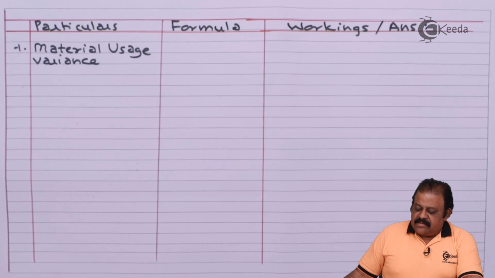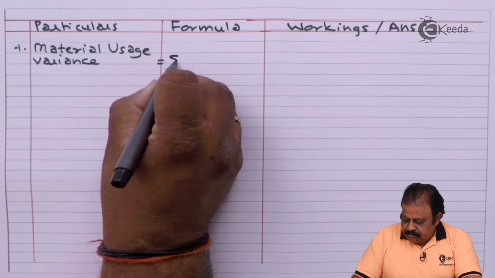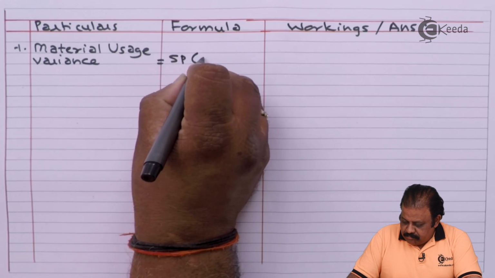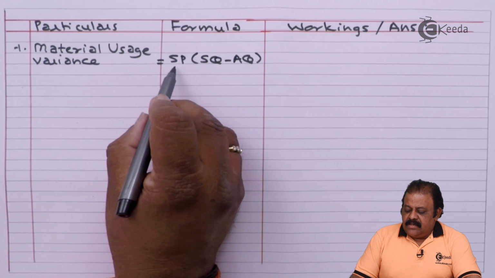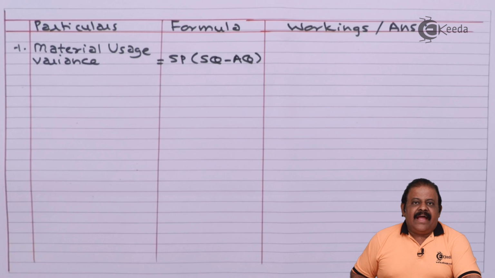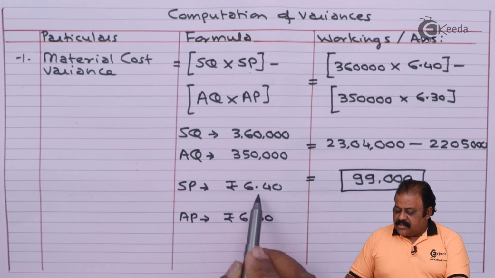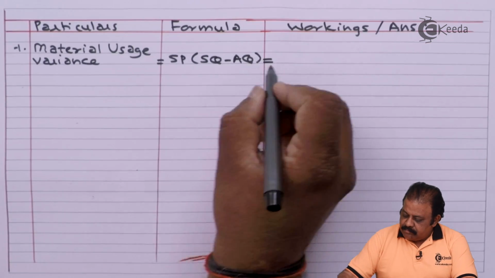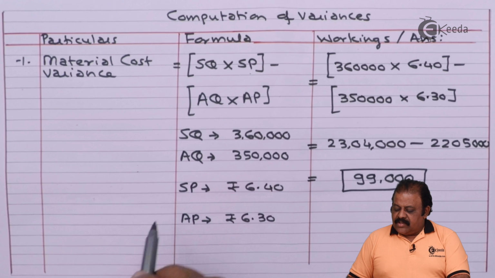Material usage variance formula is standard price multiplied by standard quantity minus actual quantity. Standard price we have rupees 6.40. Standard quantity 3,60,000.